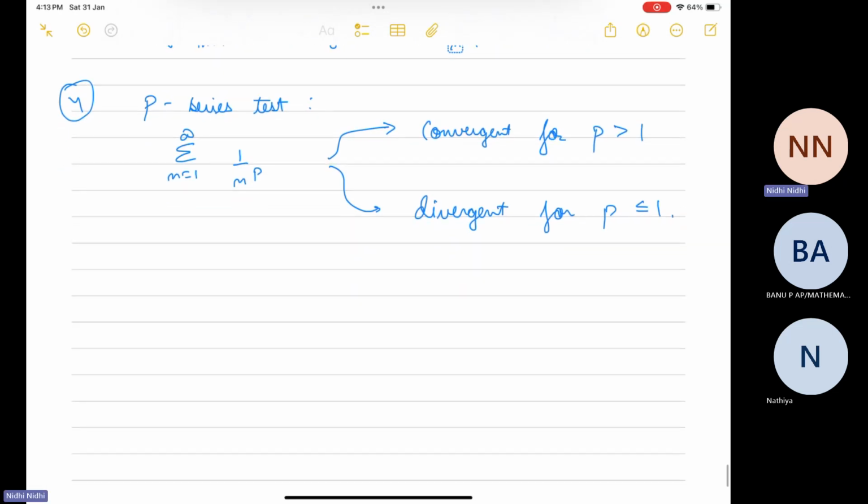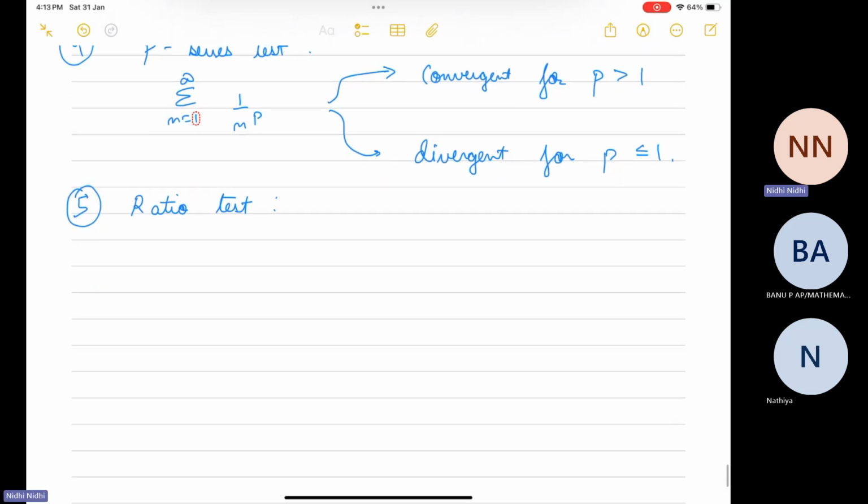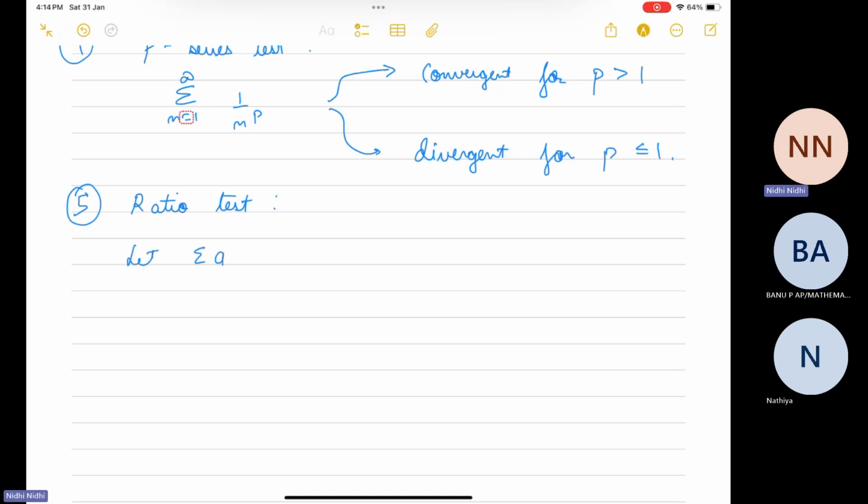Then we have the ratio test, which says that suppose summation an, n from 1 to infinity, be a series in R, and we let small a to be the lim inf, I hope you all are aware of the term lim inf, limit inferior, of the sequence mod an plus 1 upon an, and capital A is the lim sup, limit superior.